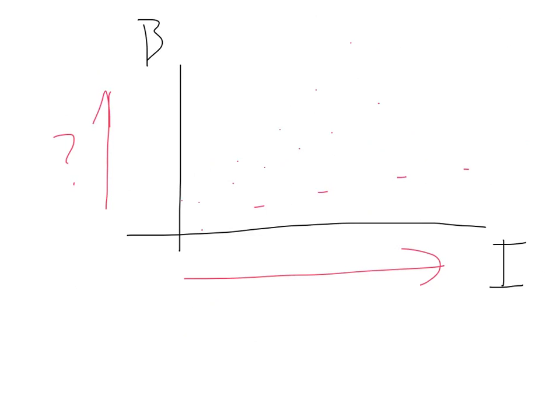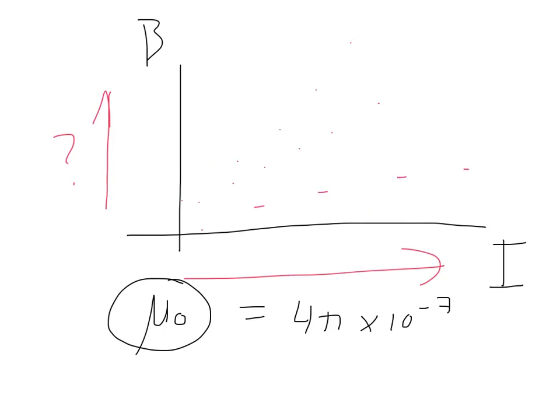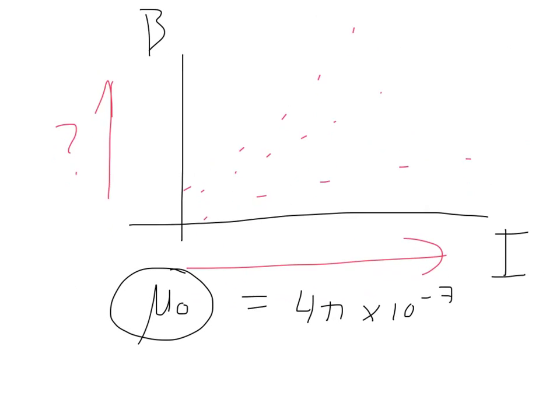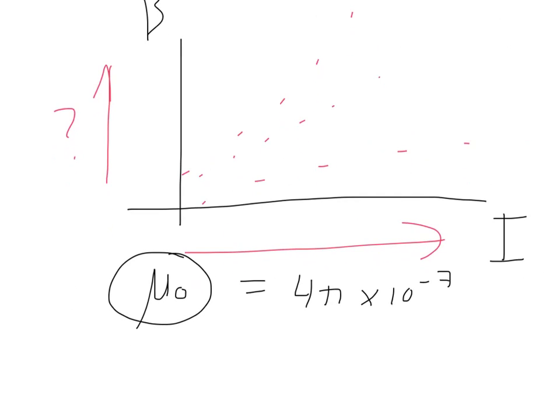And then from this graph, I want you to try to determine what is the value of this constant, mu 0. And I'm going to give you its value right now. It's equal to 4 pi times 10 to the minus 7th. And the units of this would be Teslas, which I neglected to tell you a minute ago.